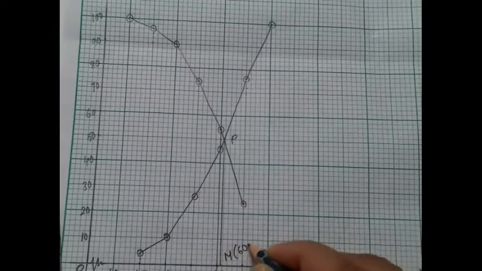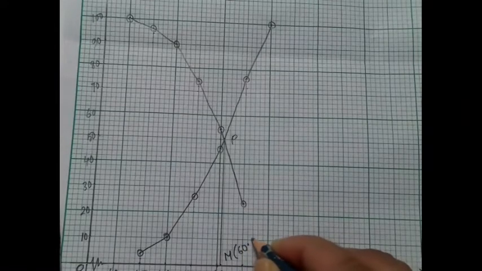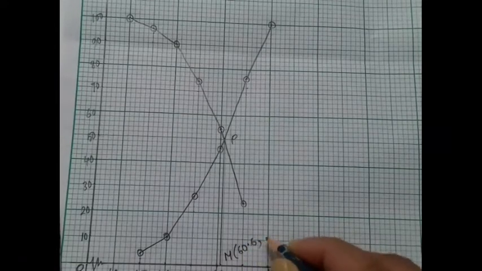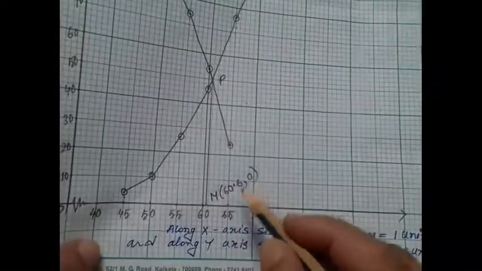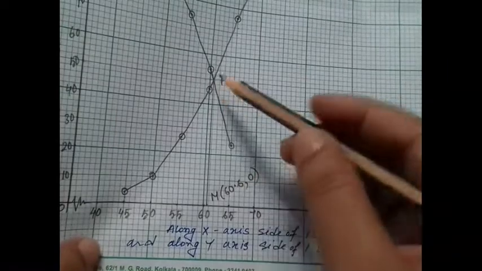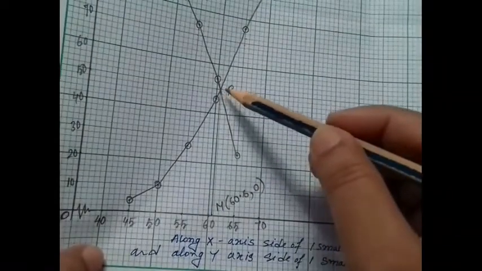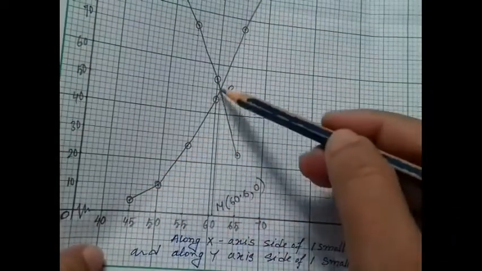So 60.6, 0. Okay, so we have got the median as 60.6 by the point of intersection of these two Ogives.